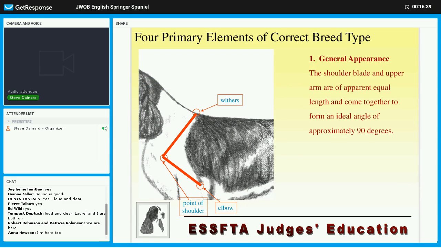Okay. And again, we have typical front end anatomy. We're looking for a 45-degree layback of shoulder, and you're looking for 90 degrees between where the shoulder meets the upper arm, and you're looking for those bone lengths to be approximately equal.